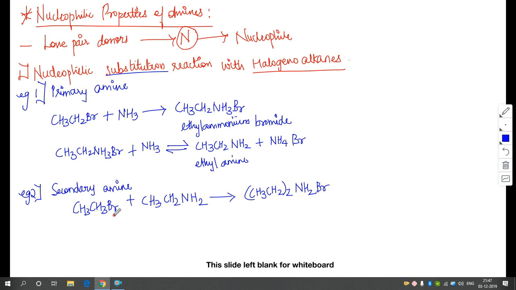Again I have a halogenoalkane, but this time to form a secondary amine, I am using my primary amine, ethylamine. Now, what is this product? This is nothing but diethyl ammonium bromide.